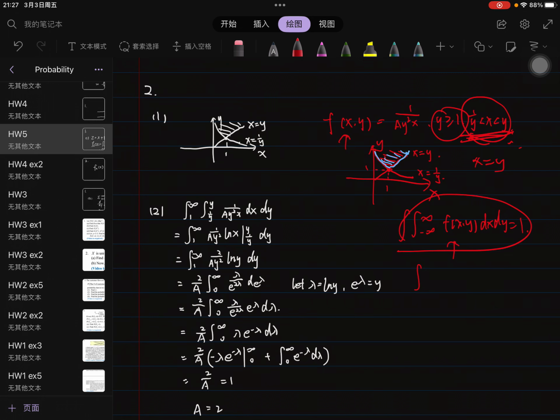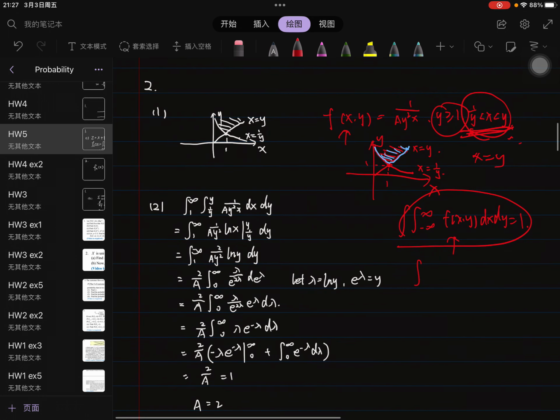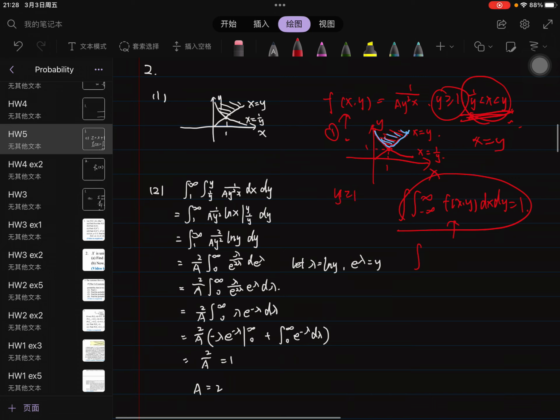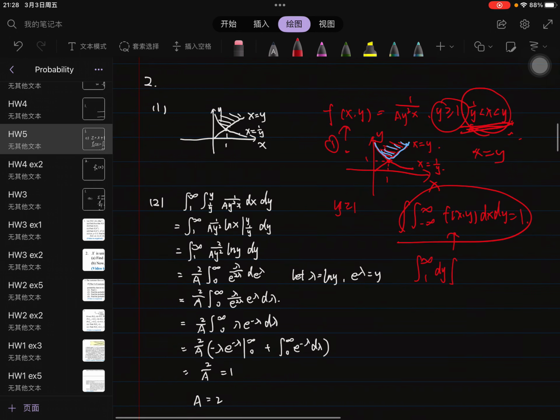So that is the definition, and we could use it to solve for a. From the previous figure, we notice that y is larger than 1, so we can write the upper bound and lower bound of y like this, and for x, it is larger than 1 over y and smaller than y.